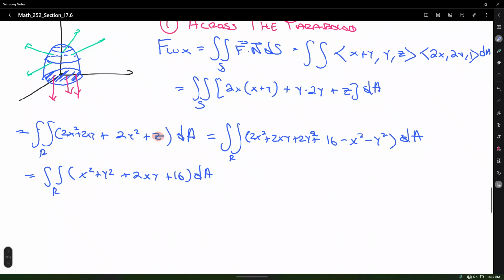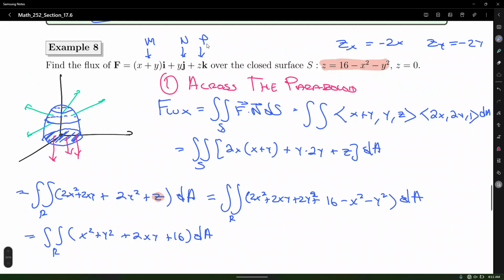What's the projection onto the XY plane? It's a circle, right? What's the radius of this circle, by the way? 4? Okay. Well, how do we get that?